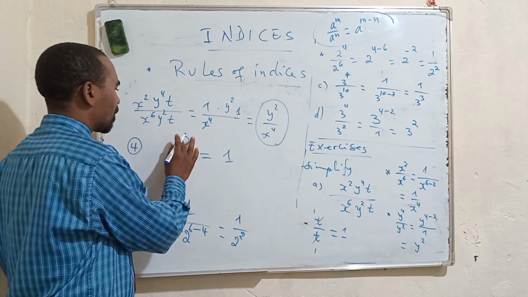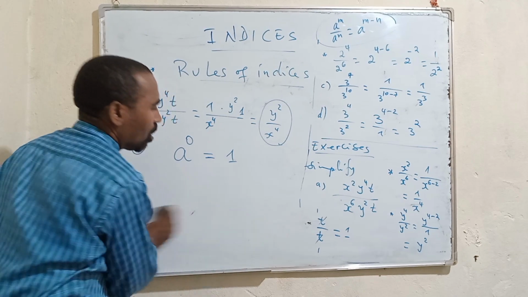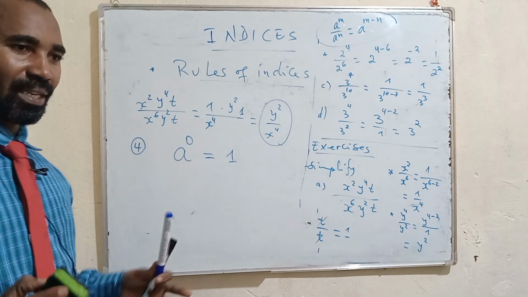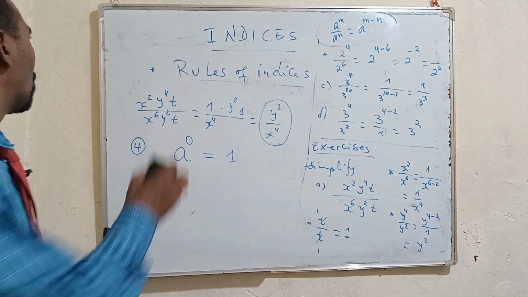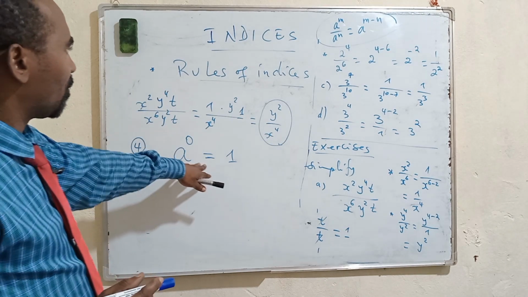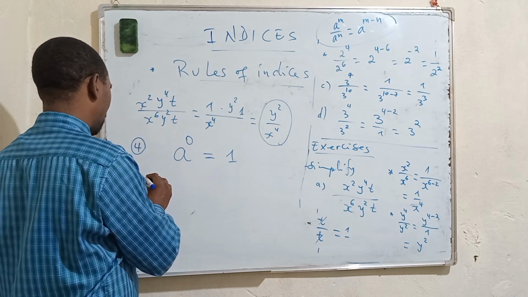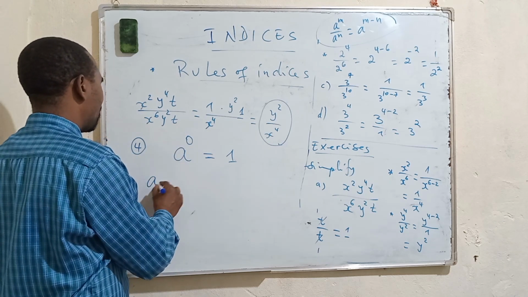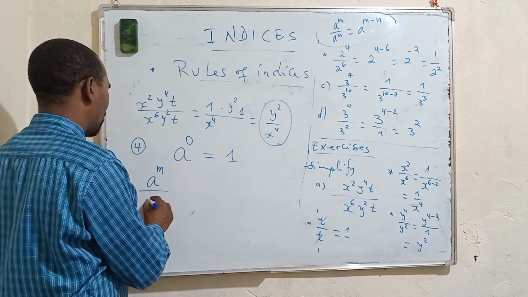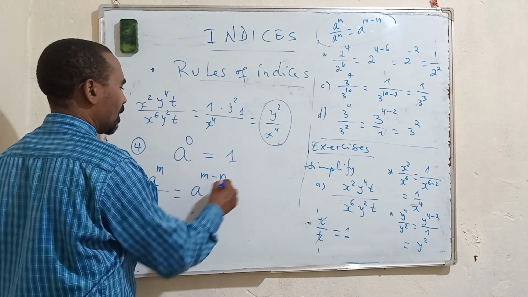I want to make just a small proof to know where it's coming from. To prove this one, I will use the previous property: if I have a power m over a power n, this is a power m minus n.